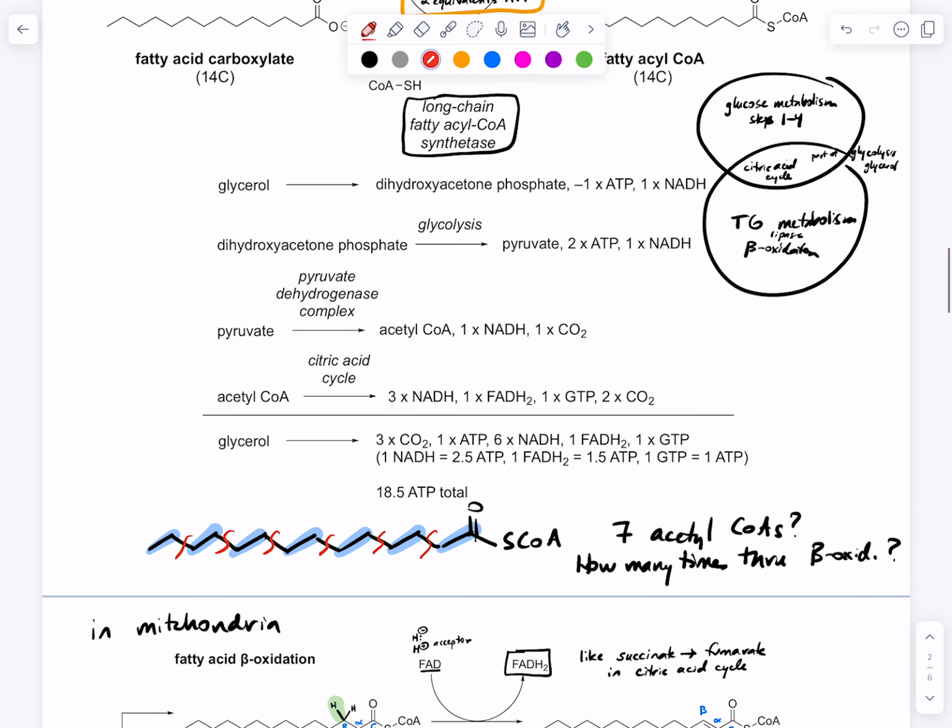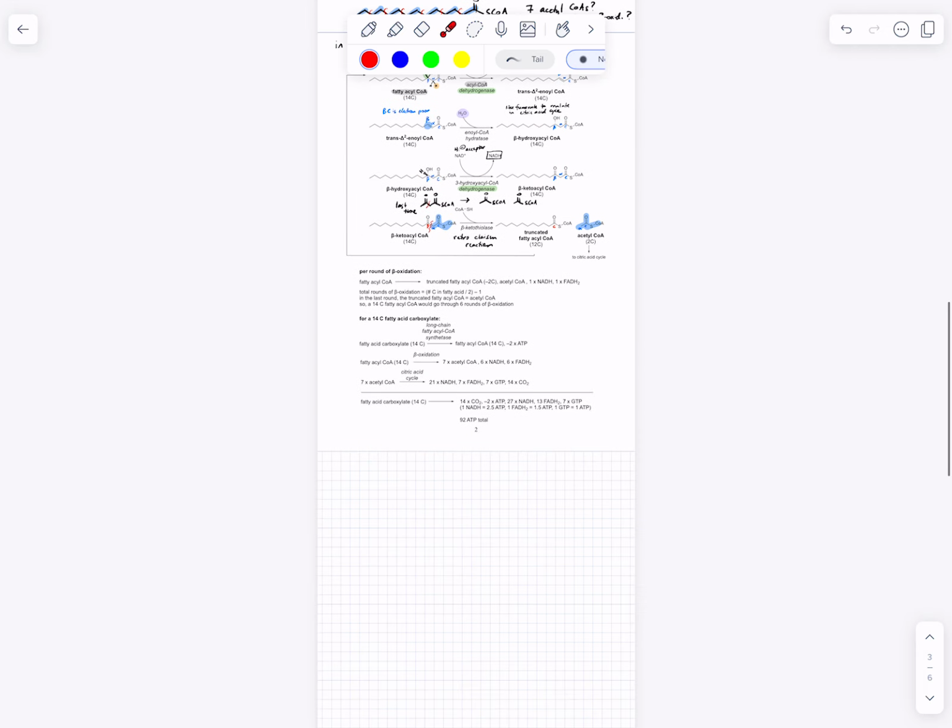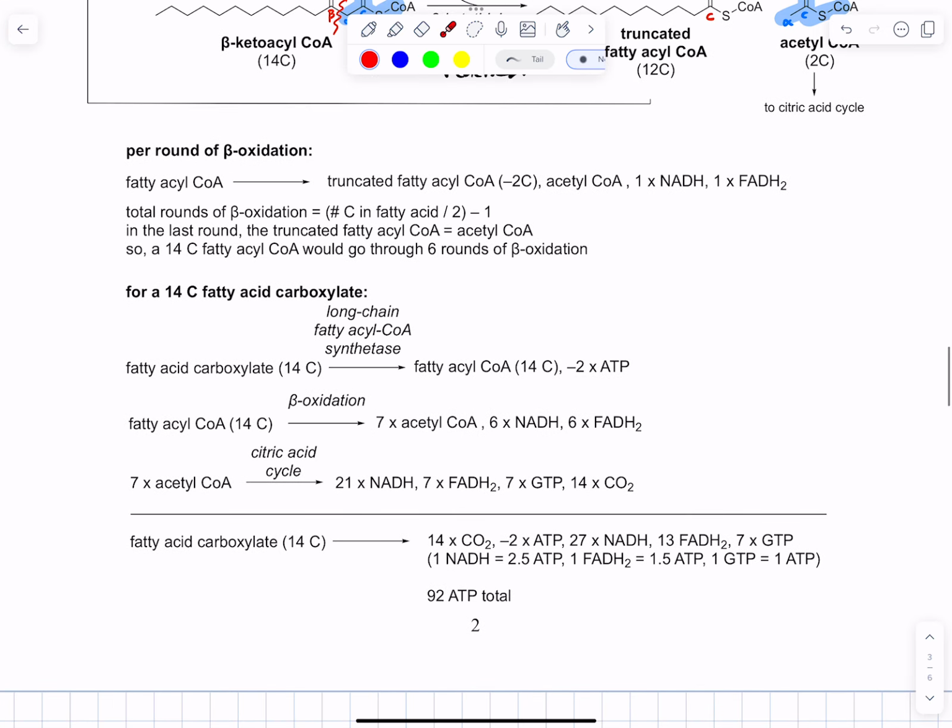And if we put all that together and matched out everything that happens, from glycerol we get about 18.5 ATPs, and we went through this math, and then from the 3 fatty acids you end up getting 92 ATPs total. We calculated that from one triglyceride with 14 carbons in each fatty acid you get about between 294 and 295 ATPs.